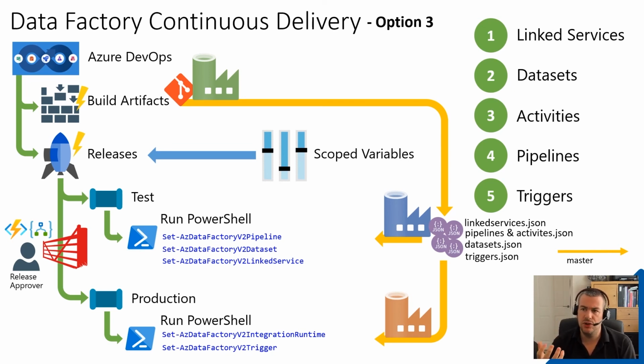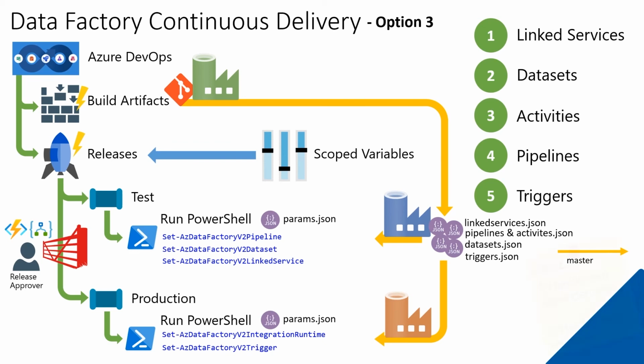So that gives us much more control over our data factory artifacts that we want to deploy. So I'm calling this option 3. And of course, we can pass some parameters to that. We can control it. We can override things in those JSON files as we see fit.